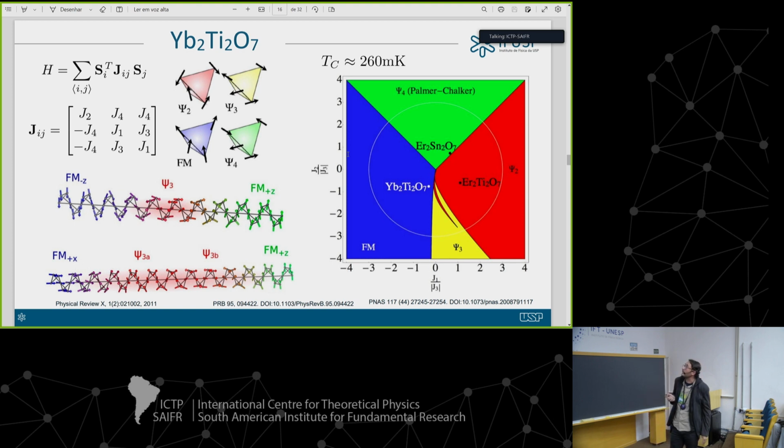And you can see here that the Yb compound is at the very edge of a ferromagnetic phase surrounded by three different antiferromagnetic phases, Γ2, 3, and 4, which I'm showing here on the other side. The ferromagnetic phase is not a collinear ferromagnet, it's a splayed ferromagnet. There is a small angle here, about 5 degrees between spins, and the transition temperature is of the order of 260 millikelvin.